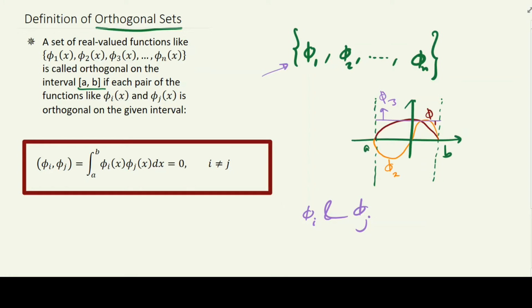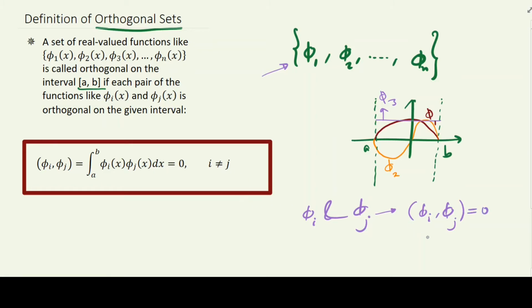And if you have watched the previous videos, now you know that for two functions to be orthogonal, they just need to have a zero inner product. So that means that phi i and phi j need to have inner product of 0.